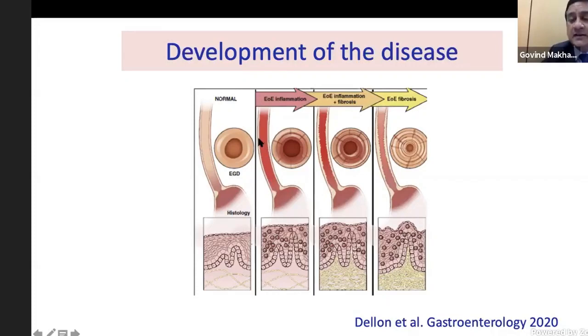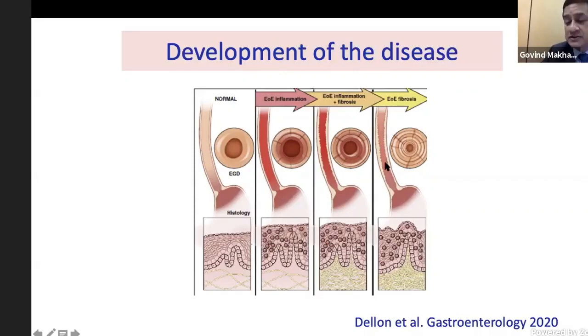There will be edema here. There could be furrows. And once inflammation persists or continues, the fibrosis starts. At that time you can find multiple other manifestations of esophageal disorder, and ultimately there will be fibrosis, which will result in stricture of the esophageal lumen.